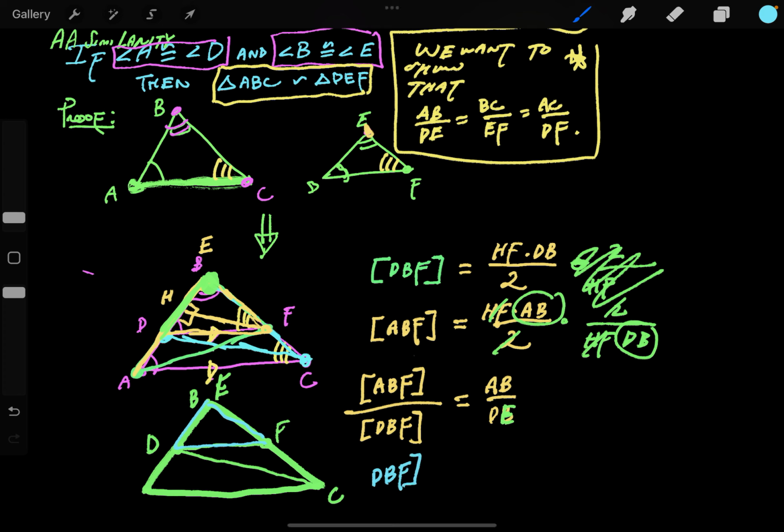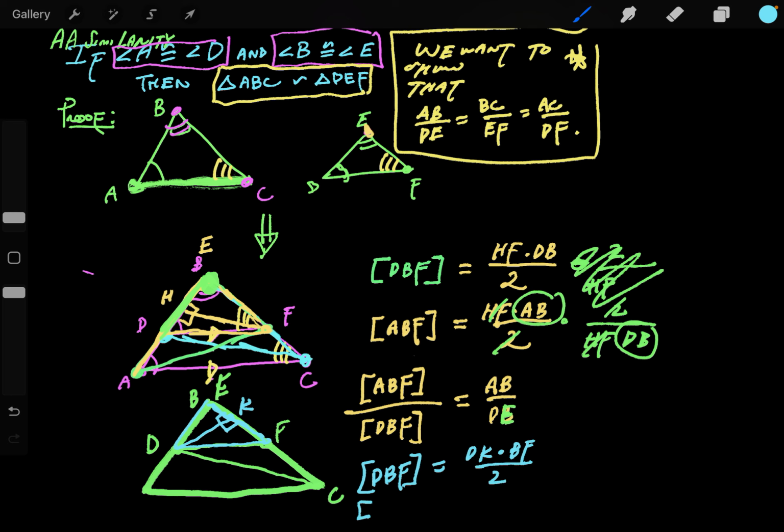And you look at this area, you can see that there's also some altitude here that goes like this, where this is a 90-degree angle. Let's call this point K, I don't know. You should see that the area is dK times this base, BF, divided by 2.